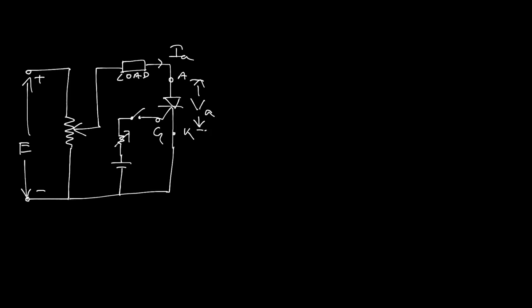So first consider two axes: VA, the anode voltage, and IA, the anode current, both taken from the diagram.